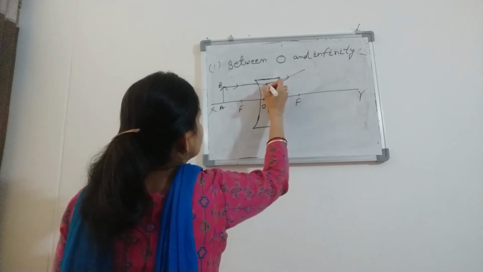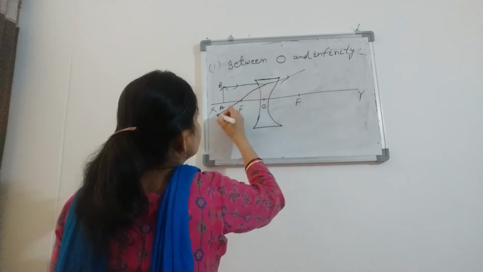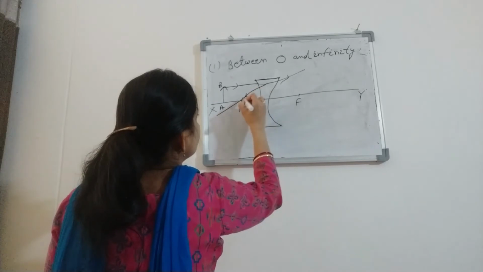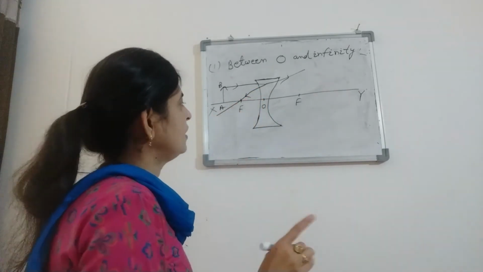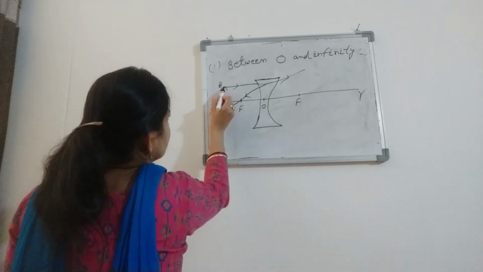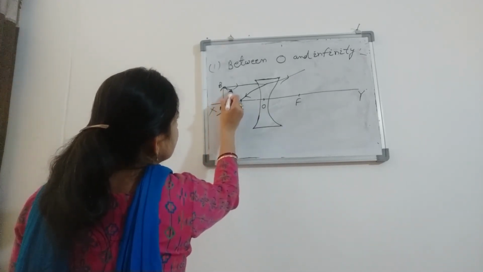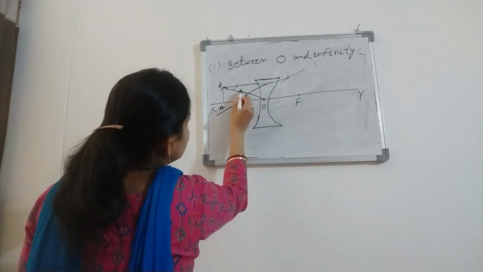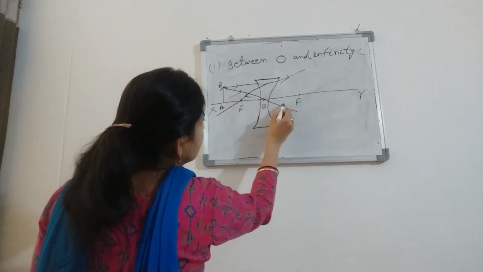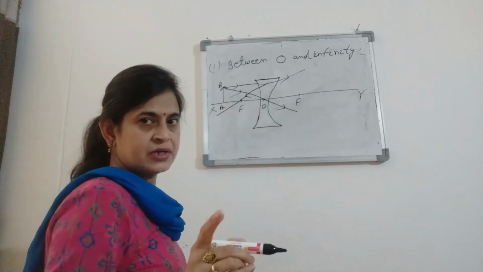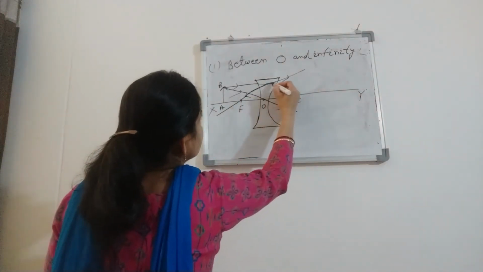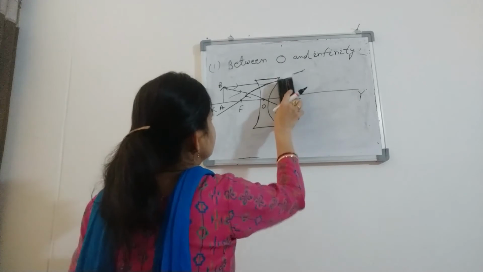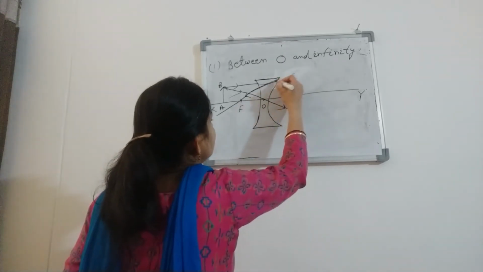This is your refracted ray and this will refract through the point F. Now apply another rule. Draw an incident ray which is passing through the optical center and that will go undeviated. Now find the intersecting point of these two rays.